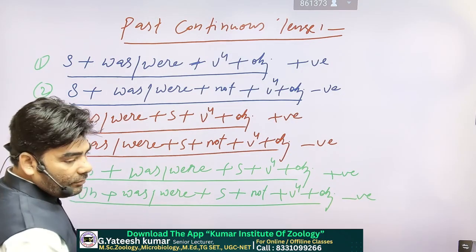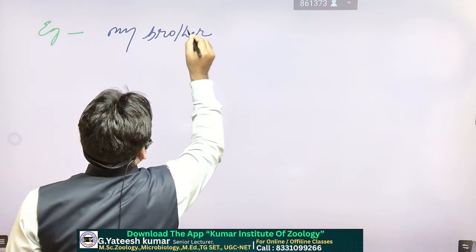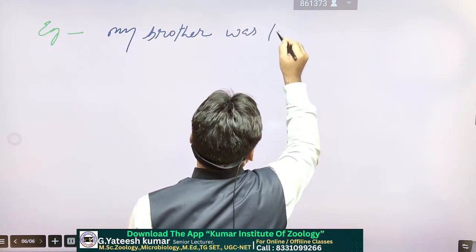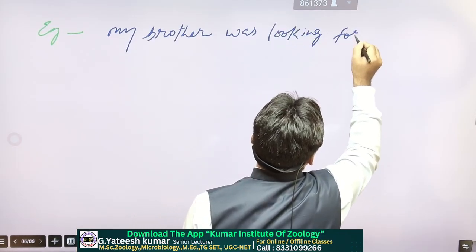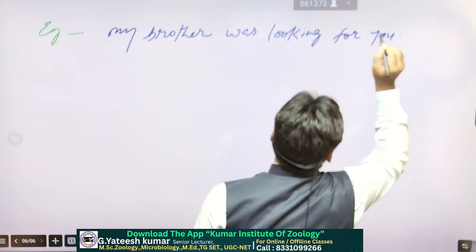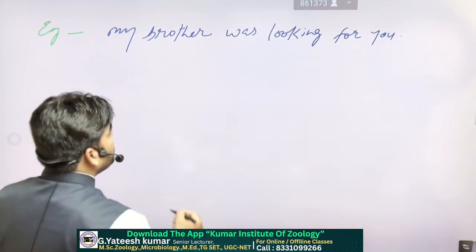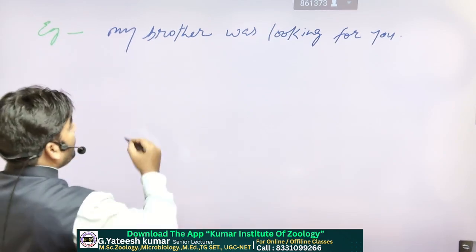Okay. So next we'll do example. My brother was looking for you. So here we are passing information, someone is looking for someone, and this is going on at the time of discussion.